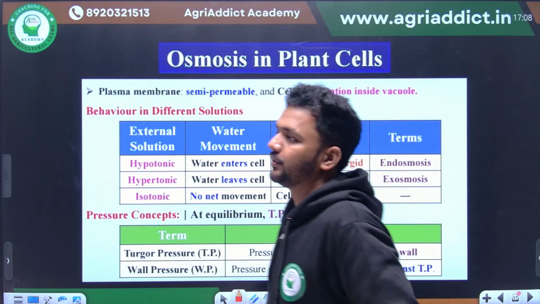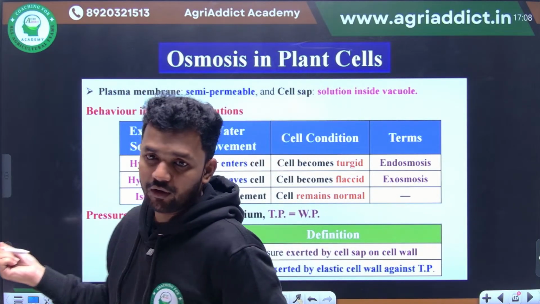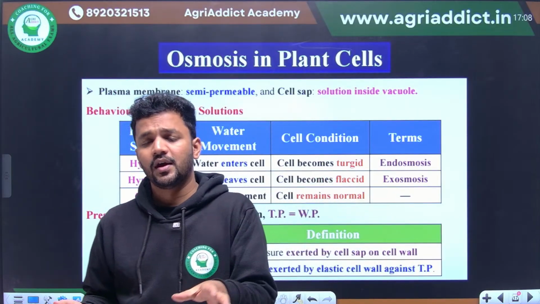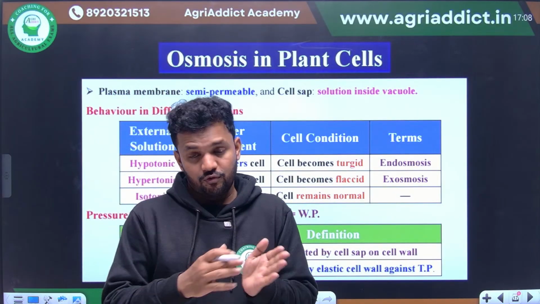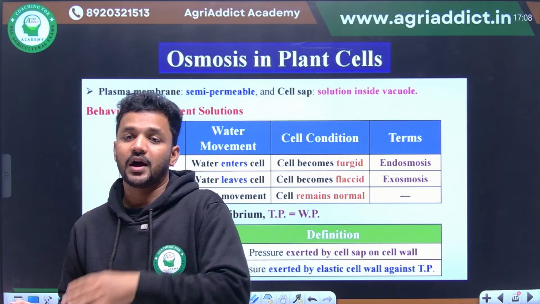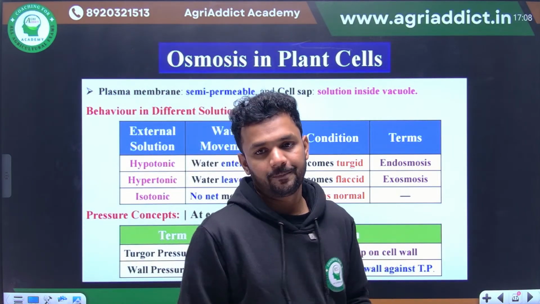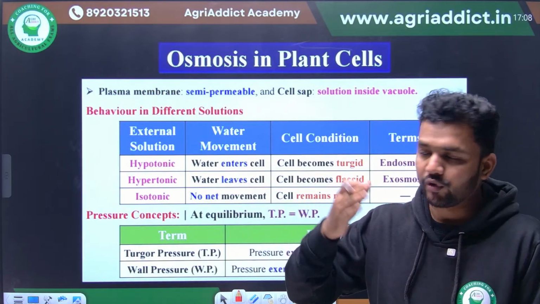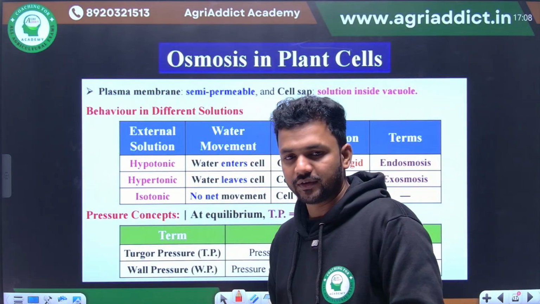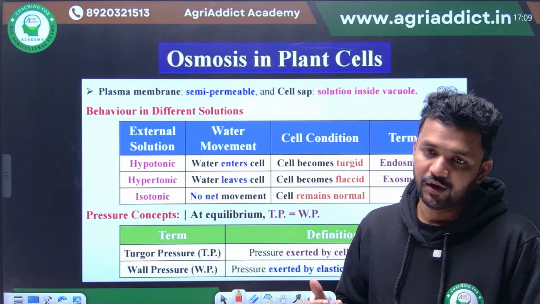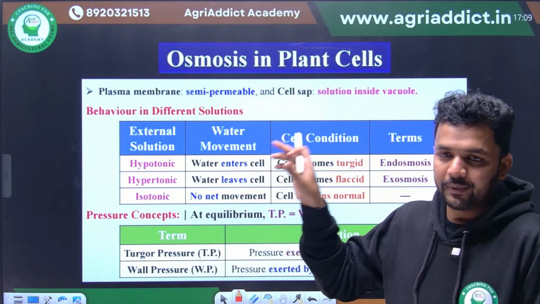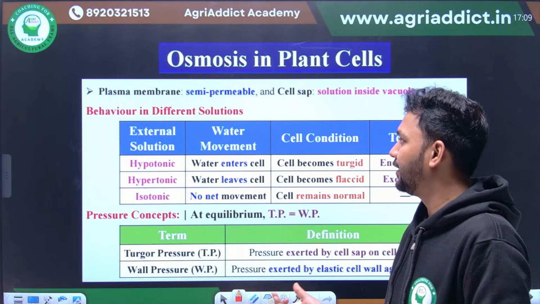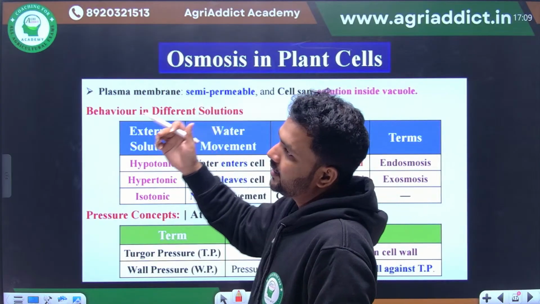Osmosis in plant cells. Until now we were looking at the general process: the meaning of hypotonic and hypertonic, and that osmosis occurs through a semi-permeable membrane. So what is the significance of osmosis in plant cells? How does it occur? There are numerous cells joined to one another. We are multicellular organisms, and so are plants.